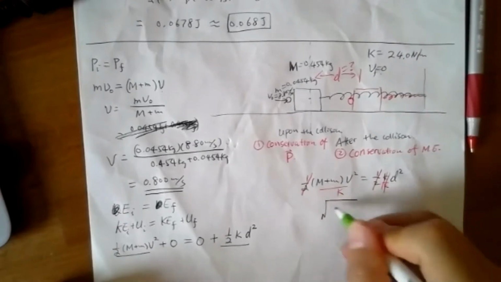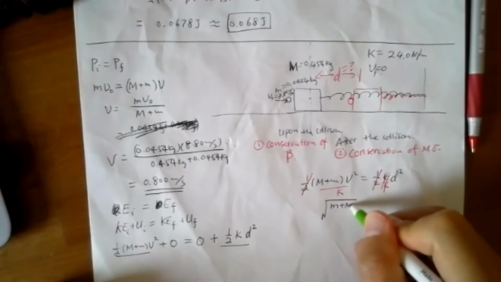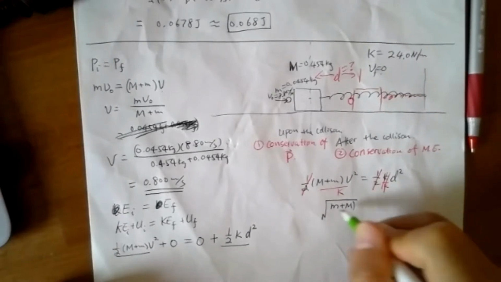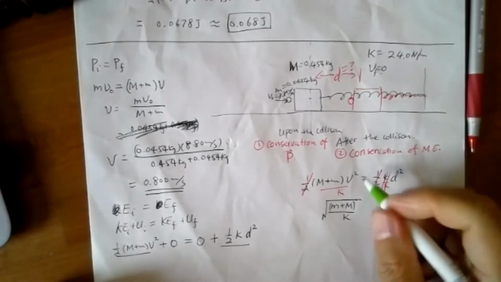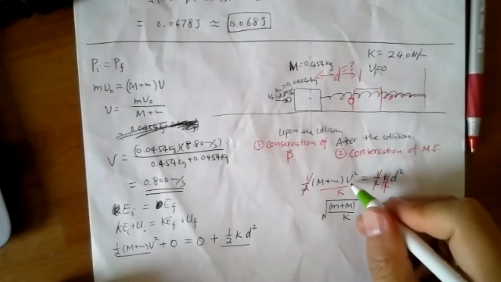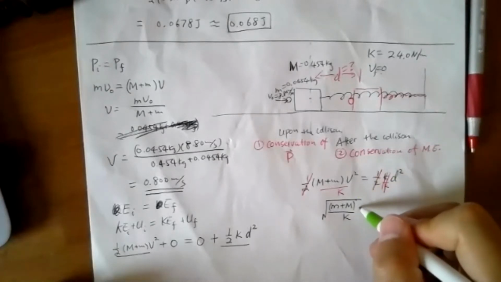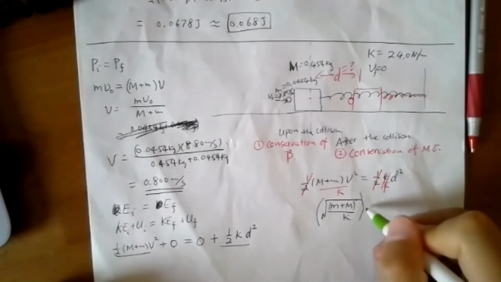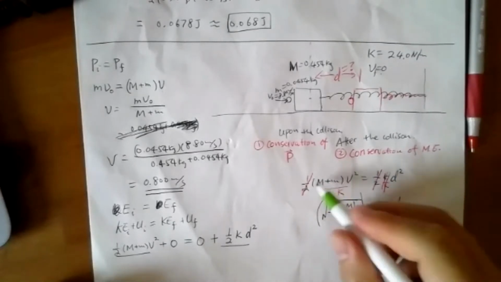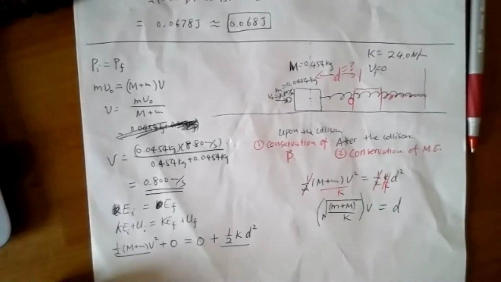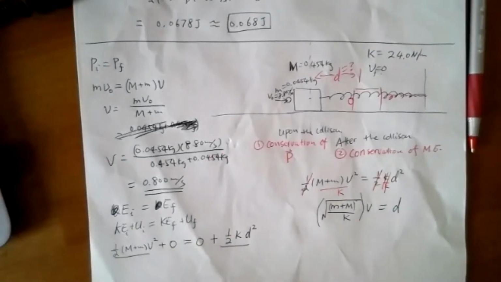Then take the square root. You can put the V squared under the square root, or you can put it outside the square root, which means just V. That should equal D. So take the square root of the left hand side, which equals the square root of the right hand side.